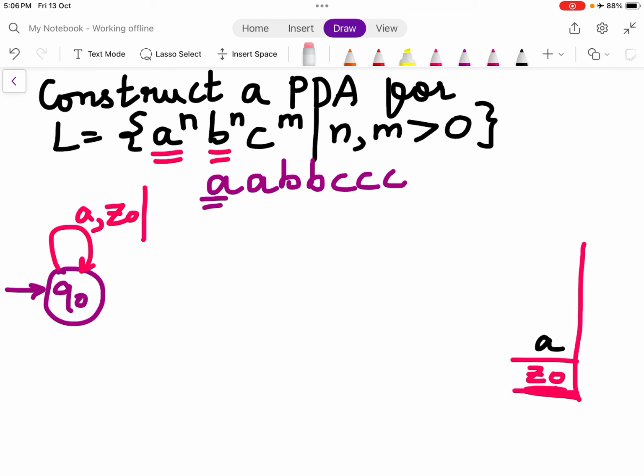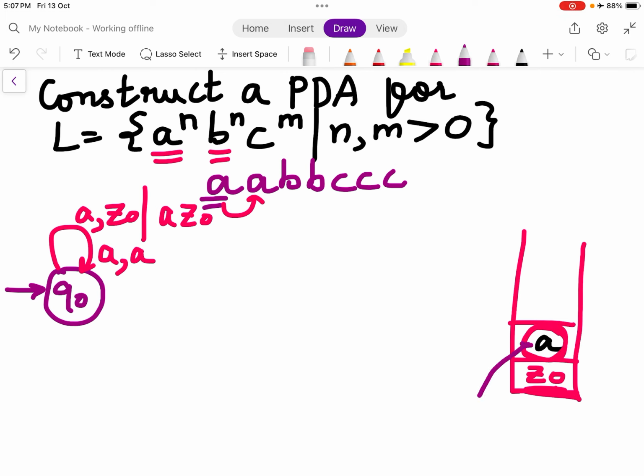Next, the read write head moves one step ahead and sees an A. When you see an A, on top of the stack there is an A. Assume that this A has been removed for some time, and then push A, A together. So here you get A, A, Z0.